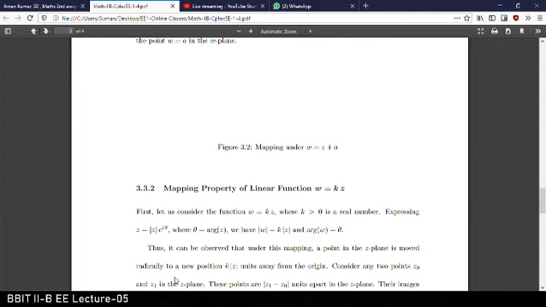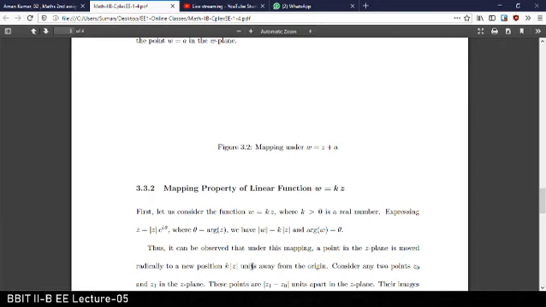Thus, it can be observed that under this mapping, every point in the z plane is moved radially to a new position k into modulus z units away from the origin. Now it is nearer or farther. It depends on the value of k.